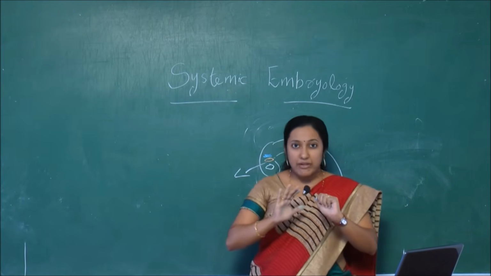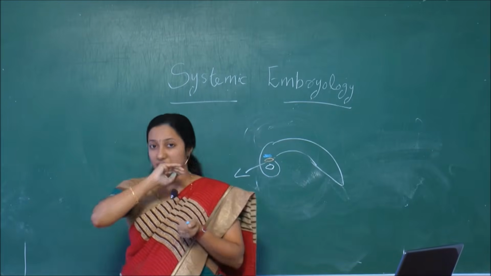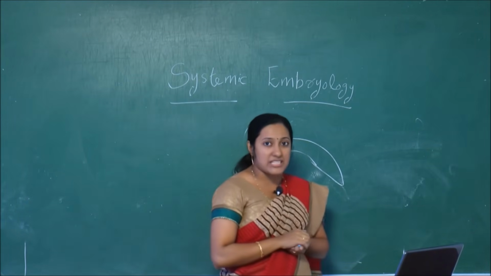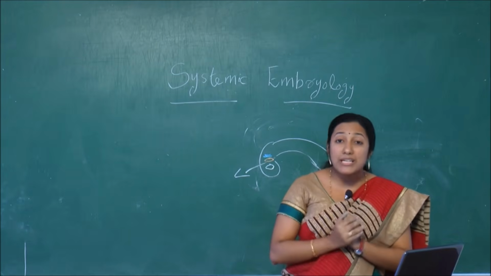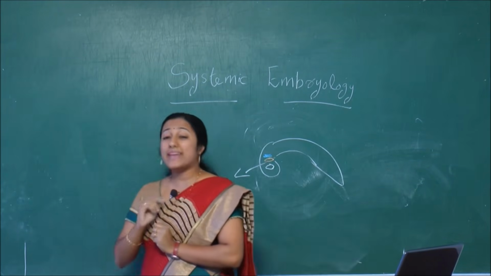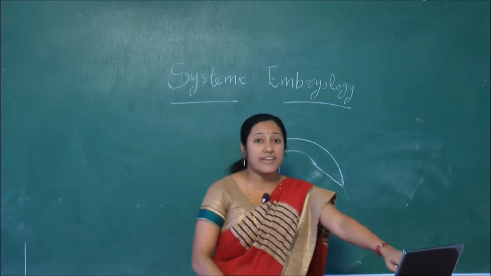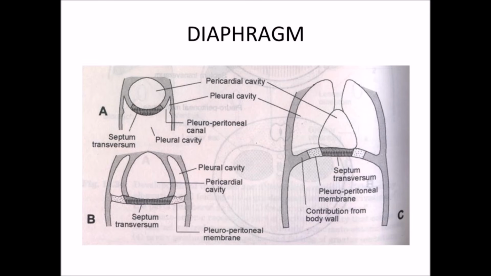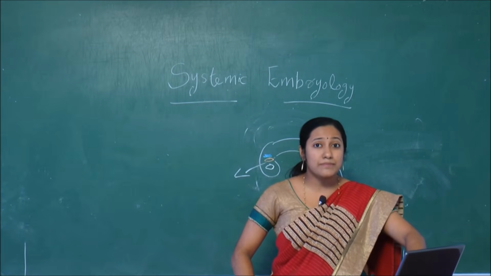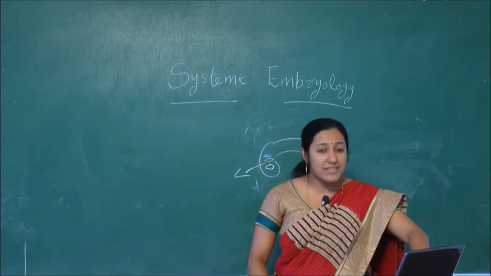So the diaphragm, the main muscular organ which divides the upper thoracic cavity and lower abdominal cavity, has its developmental contribution from 4 sources. The main one, as you can see in this figure, is the septum transversum, the formation of which we have already discussed.